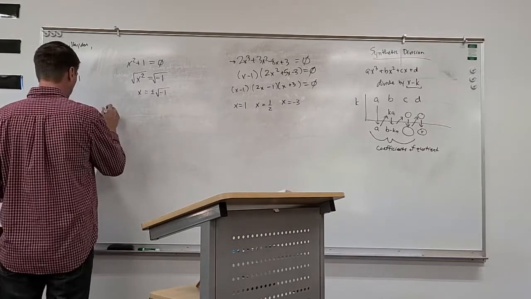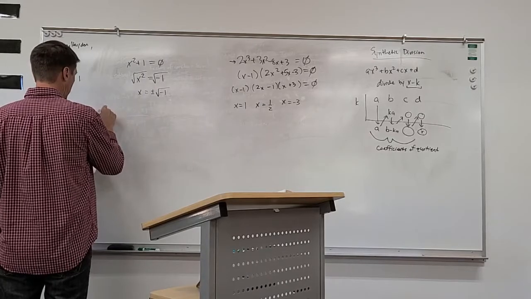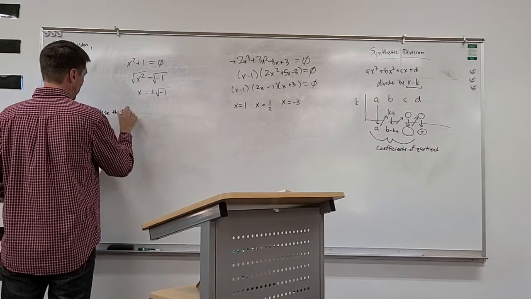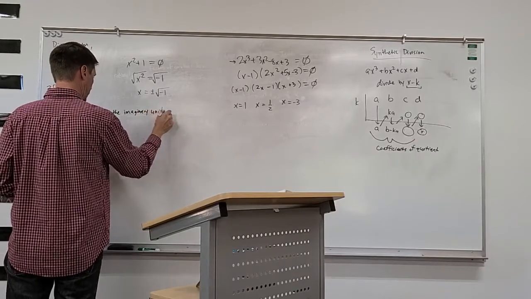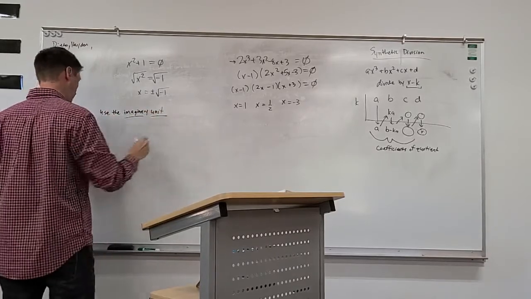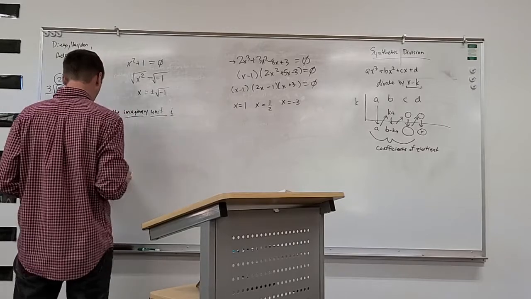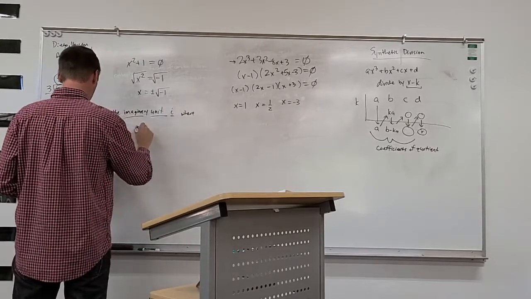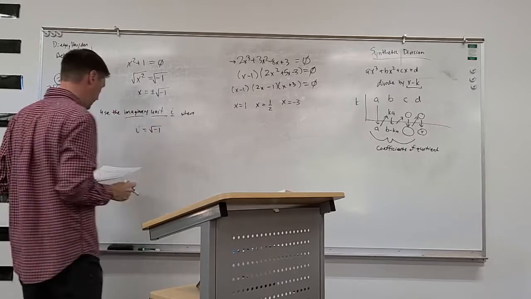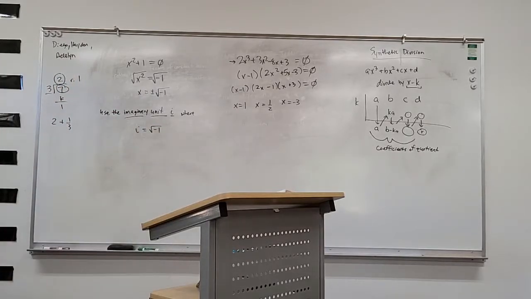The way that we represent this is we use the imaginary unit i, where i equals the square root of negative 1. Anytime I square i, what am I going to get?